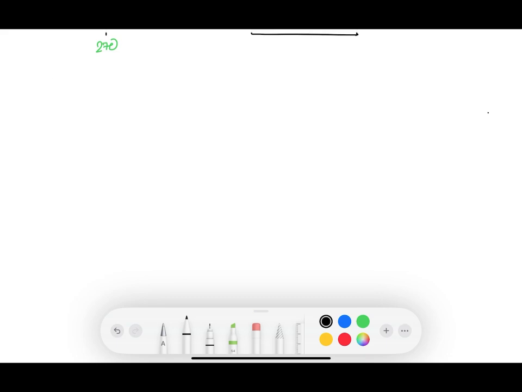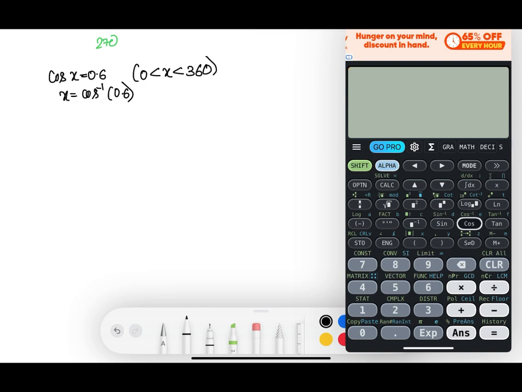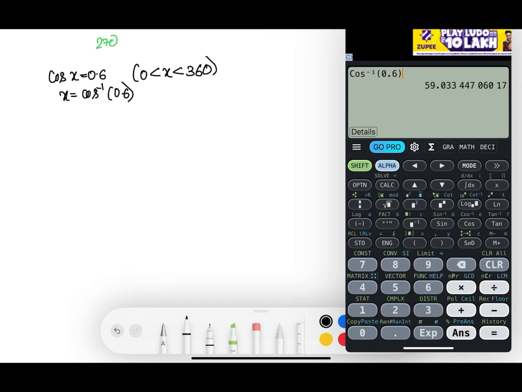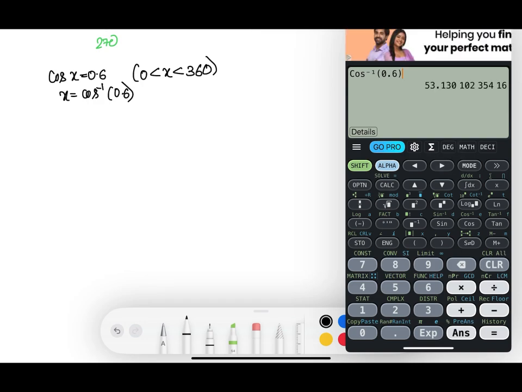Now cos x is equal to 0.6, and the x value ranges from 0 to 360. So x will be cos inverse 0.6, which is 53.1.